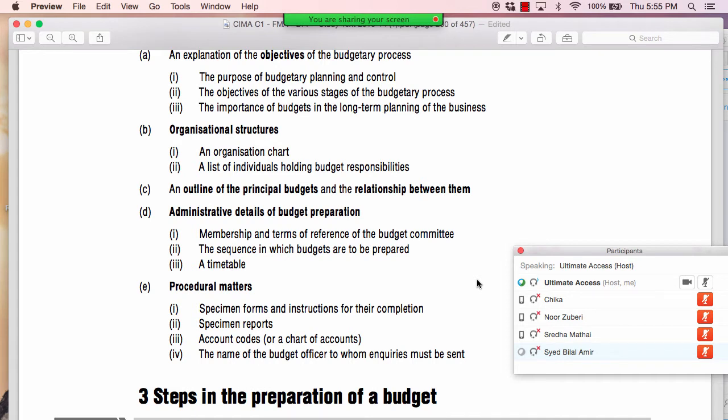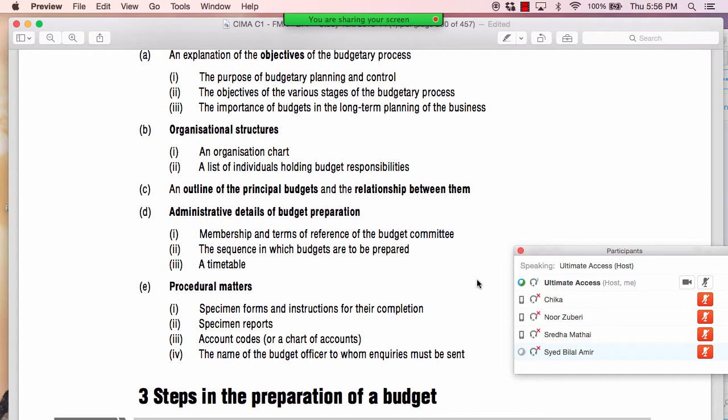So maybe we saw that the budget committee has representatives from different parts of the organization, right? So they would be the names that's given as the person to contact, okay? And most of it now is done automatically, right?